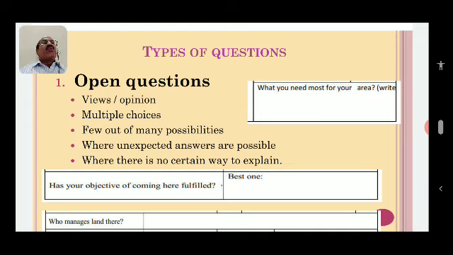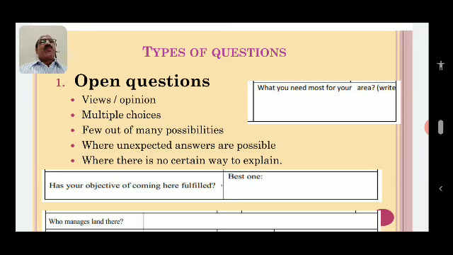What you need most for your area. That means what sort of amenities or facilities you need in your area so that your life is easier. So he will describe as per his observations. So that will be an open question, descriptive type.